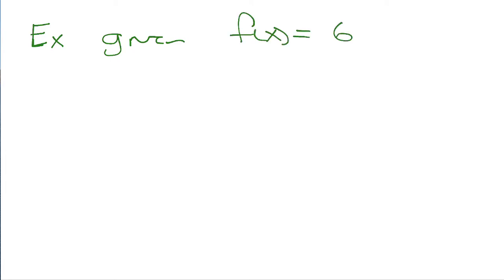On yesterday, but let's say I give you an example, and I said, given that f of x equals 6 and g of x equals 4 times the natural log of 3 minus x.